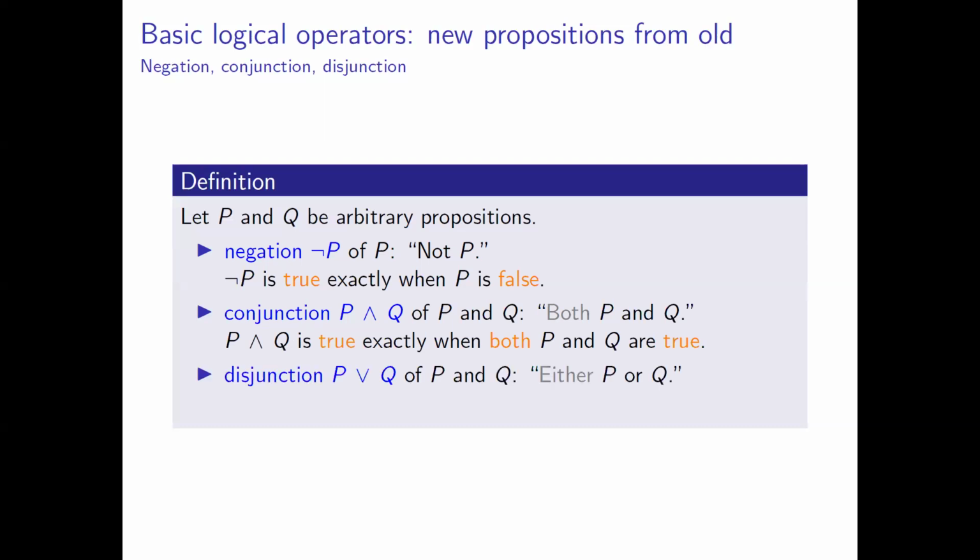The disjunction of P and Q is the proposition either P or Q. We denote the disjunction using a V symbol as shown here. The proposition P or Q is true exactly when at least one of P and Q is true. It is false exactly when both P and Q are false.